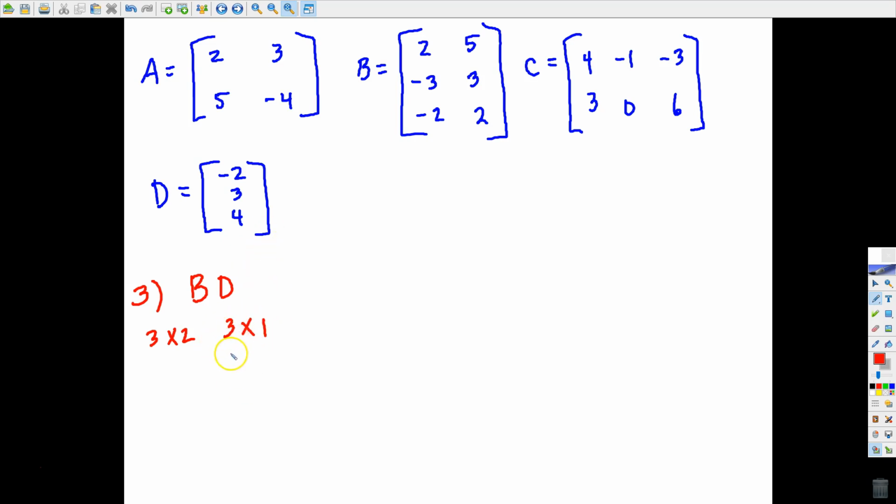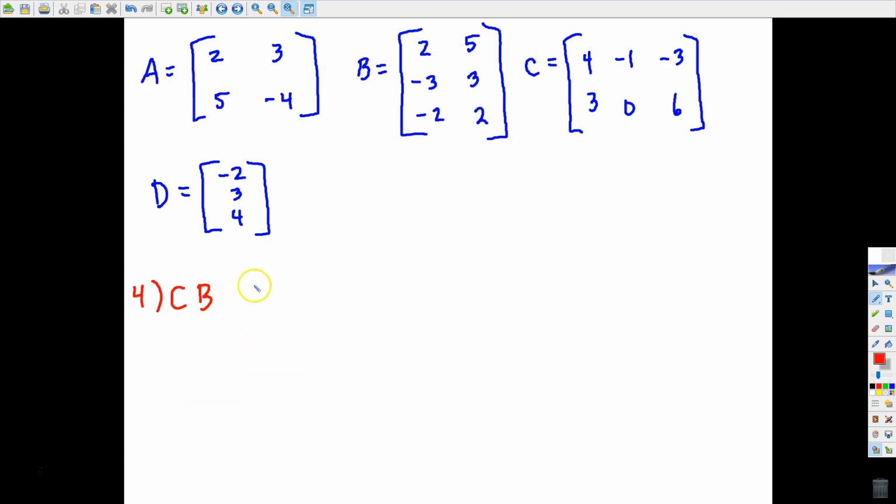To tell whether or not matrix multiplication is possible, you need to compare these numbers on the inside, and if they don't match, then you're going to say that this is undefined. Matrix multiplication is not possible in this case. It's only possible when these numbers match. So our answer for number 3 is undefined.